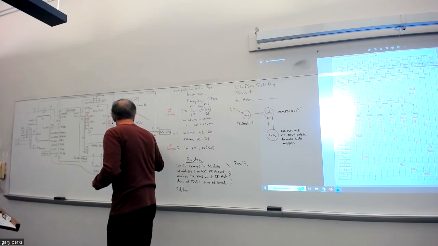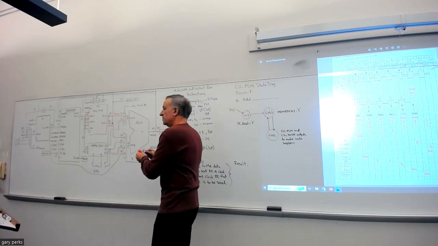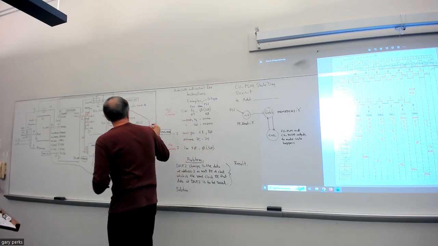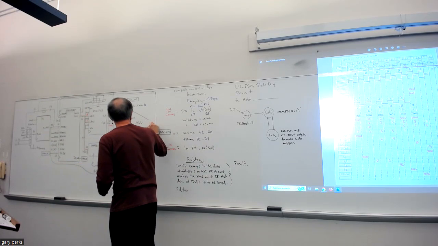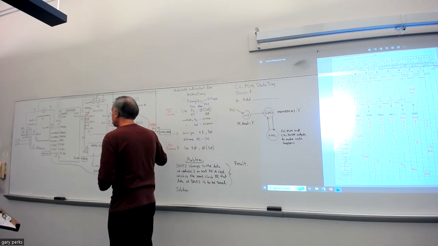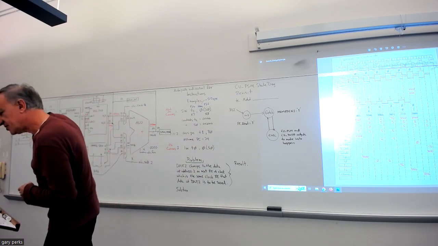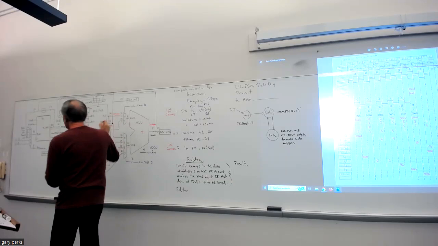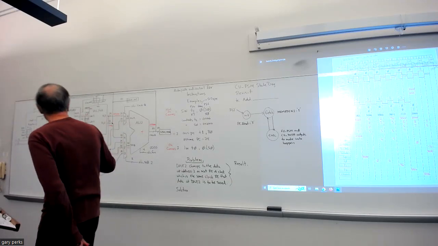Yeah, all zeros. Okay, so that means we'll have the results here. So it's just going to be a hex 6000. Okay. Now, RS2. RS2 goes up and around.